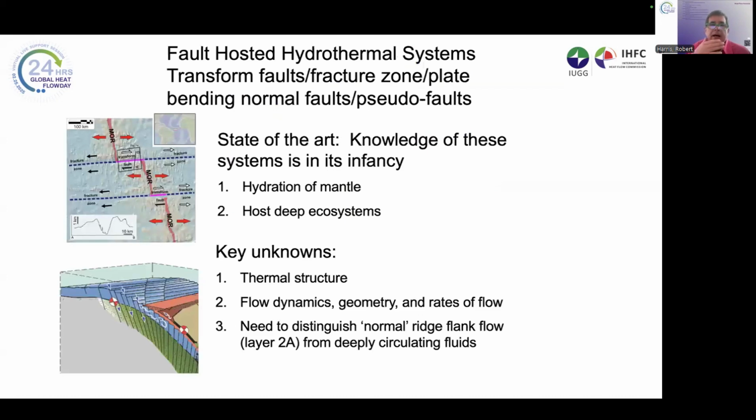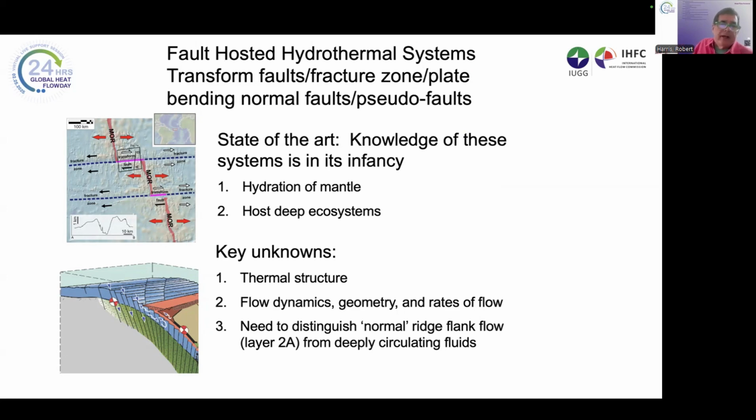Okay. I think a key unknown that's up for future research is fault-hosted hydrothermal systems. And I think with the advent of a USBL system, where you know the precise location of the probe, you can really target small scale features. And so transform faults that are sedimented might be one environment with very little heat flow data.